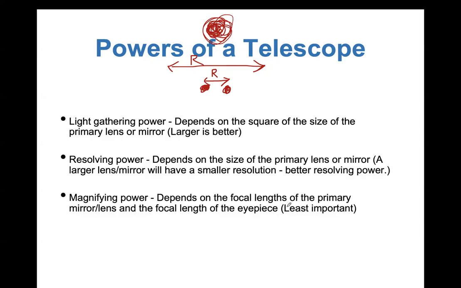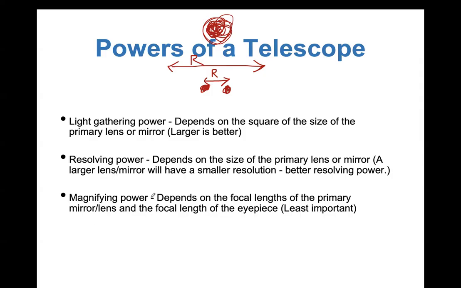Because with lenses, you're always going to have, realistically, two lenses at least for a basic telescope, sometimes more. And so the focal length is related to the curvature of that lens and how far apart they are. But it wouldn't depend on how big they are. So this idea for magnification totally doesn't demand large lenses or large mirrors.